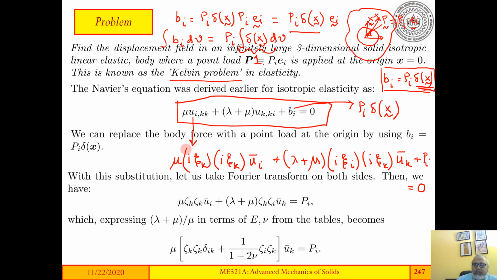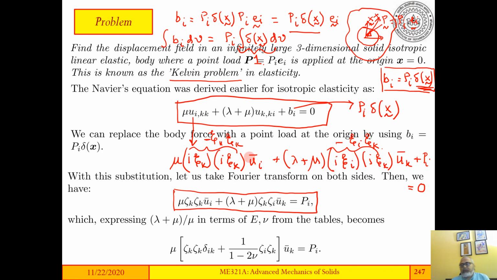So this will be zeta_k zeta_k, and this will be minus zeta_i zeta_k. Take it to the other side and you will end up with this expression.